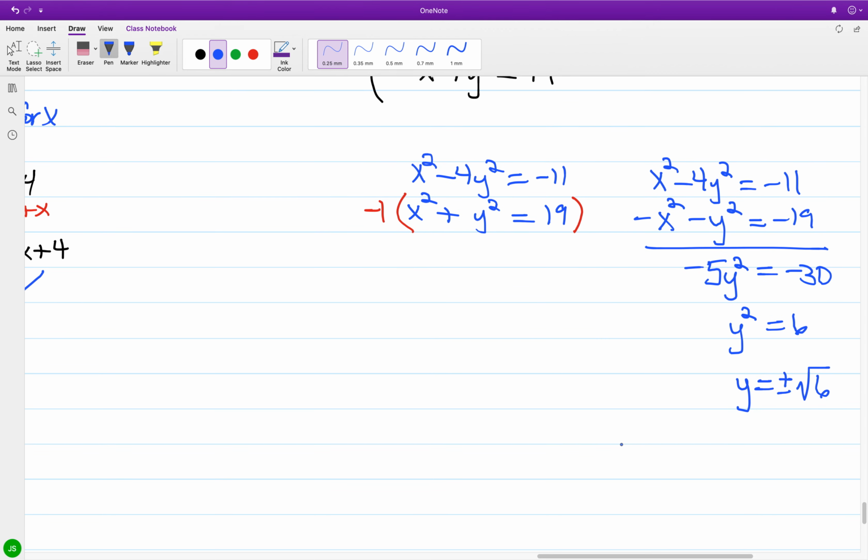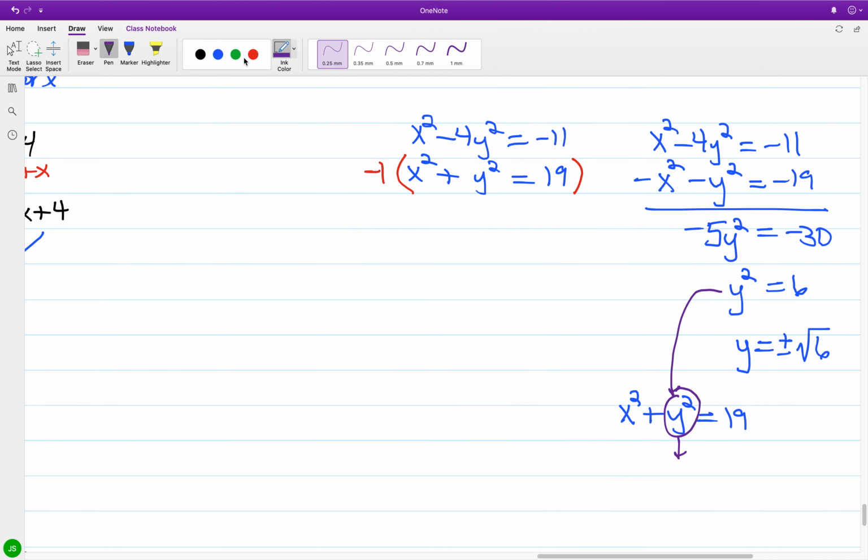And if I go with the second equation, again, we have x squared plus y squared is equal to 19. If I take what I have for y squared, 6, I'm going to have x squared plus 6 is equal to 19.